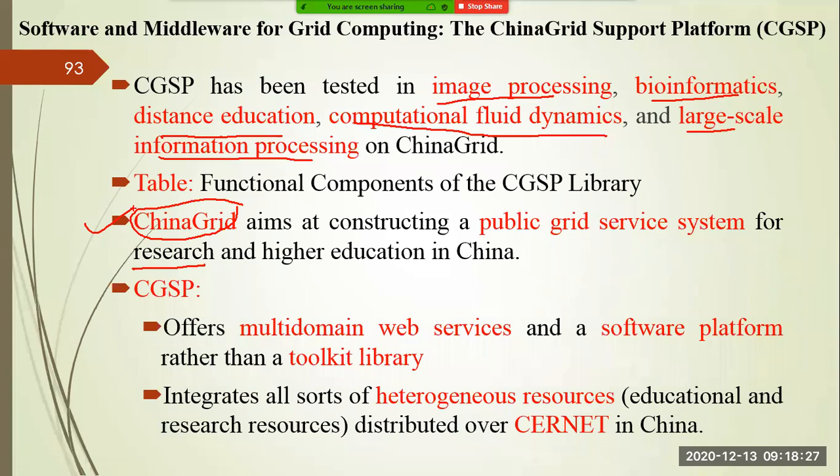And CGSP also integrates heterogeneous resources so that you can do this research work. Educational and research resources are distributed over CERNET in China, so you can perform your experimentation using China Grid.